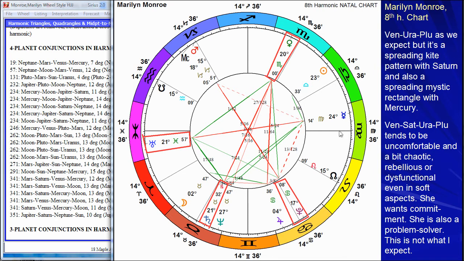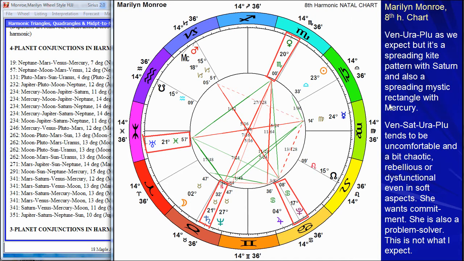So that's interesting. Also, when you have Saturn, Uranus involved, there's some disturbance, some discomfort. So there's a high excitability, high sexuality, but some discomfort, something's not working right, and she also wants commitment. So she's not a wild, free, single girl at heart. So the Venus, Uranus, Pluto, as we expect, but it's a spreading kite with Saturn.